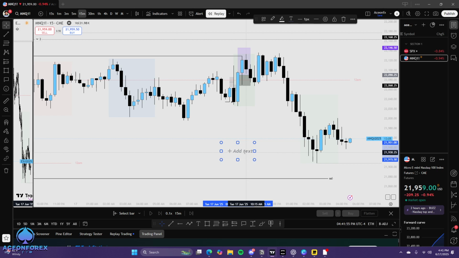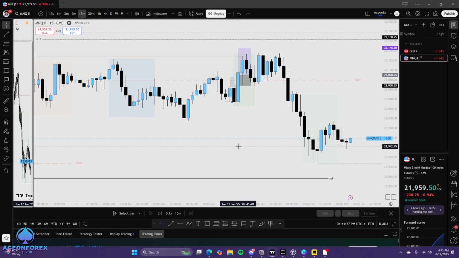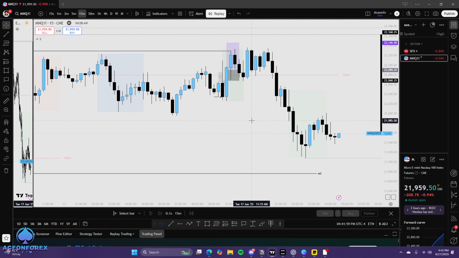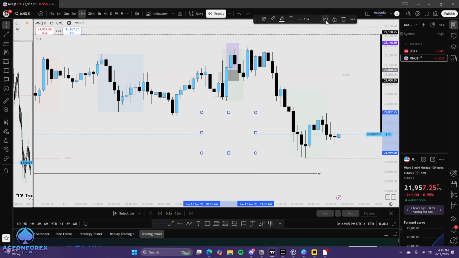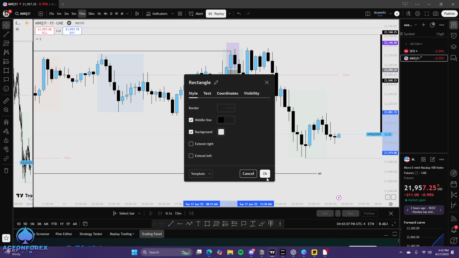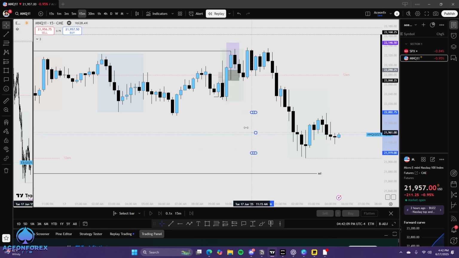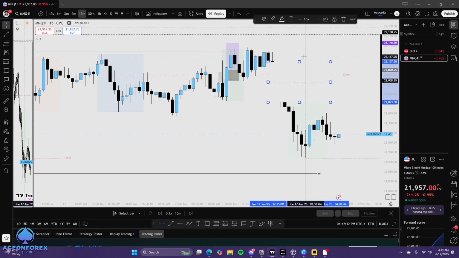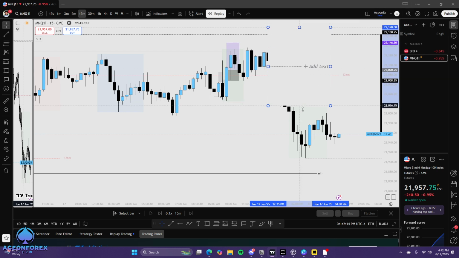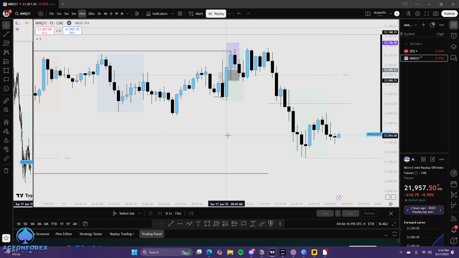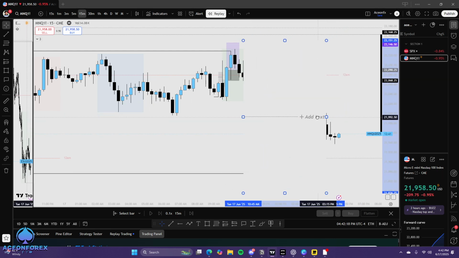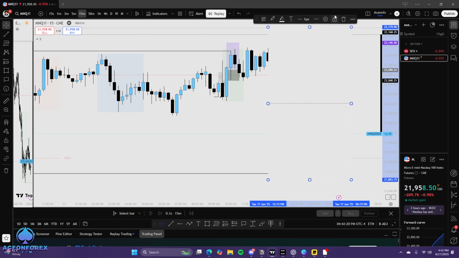What the fuck is TradingView? Alright, we're gonna keep that middle line there so it doesn't disappear. Maybe that might fix it. Nope. Oh my god, bro. What if I lock it?